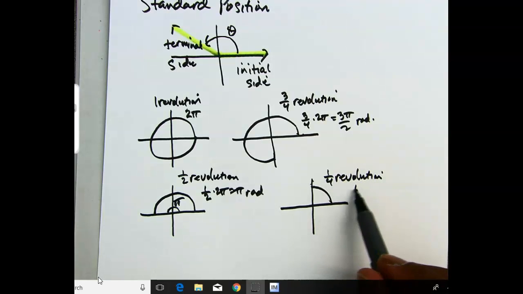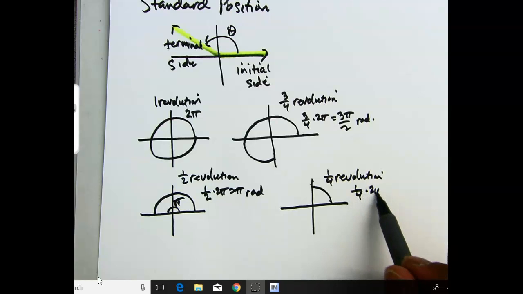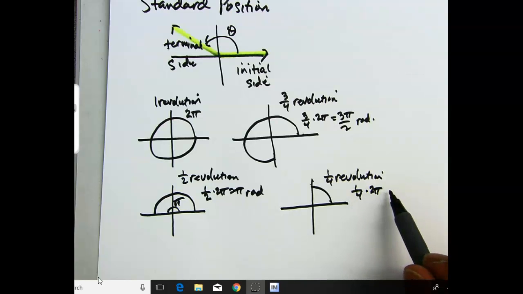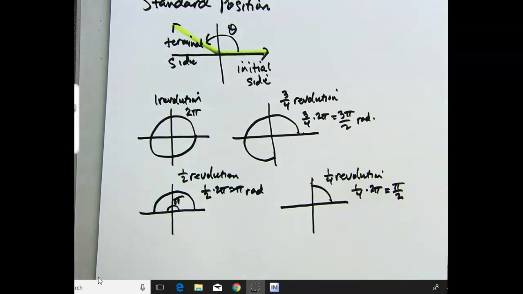That would be 1/4 times 2 pi, which would be 2 pi over 4, which reduces to pi over 2. Okay, so these are angle measures in standard position.